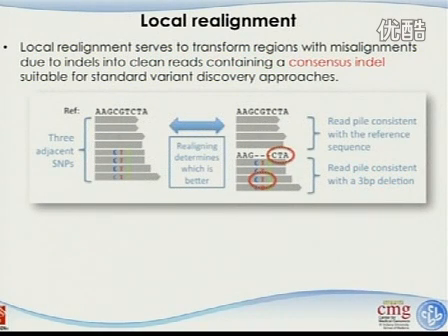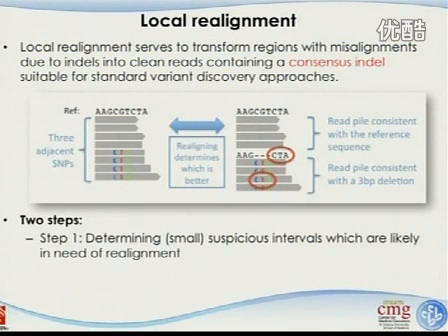So local alignment serves to transform regions that are misaligned due to indels into clean reads containing a consensus indel, suitable for standard variation discovery approaches. There are two steps. Basically the point here is that local realignment is trying to fix the previous problem, and there are two steps to do that.